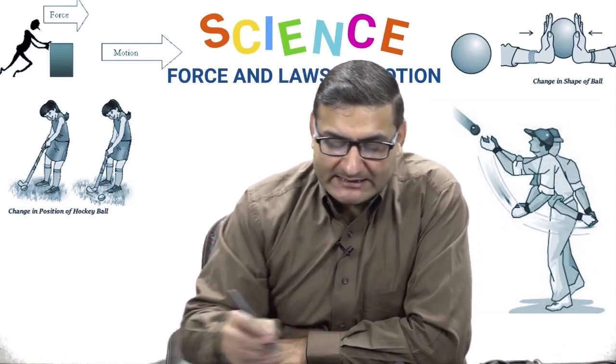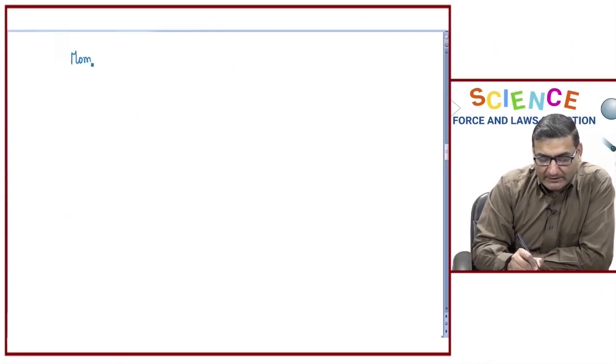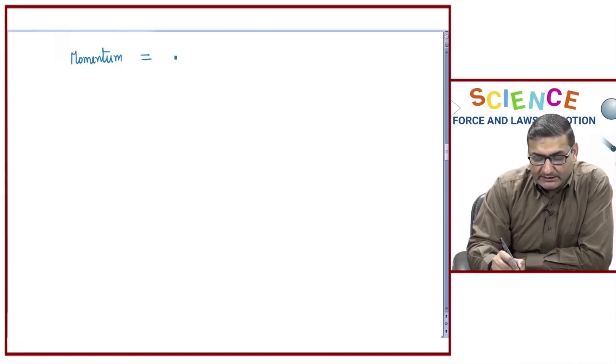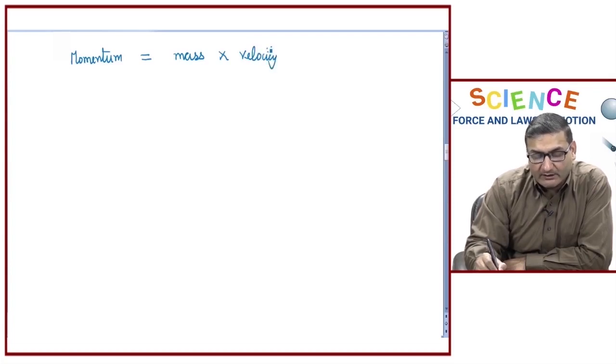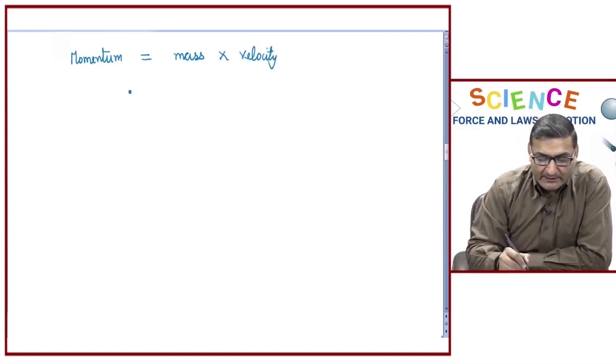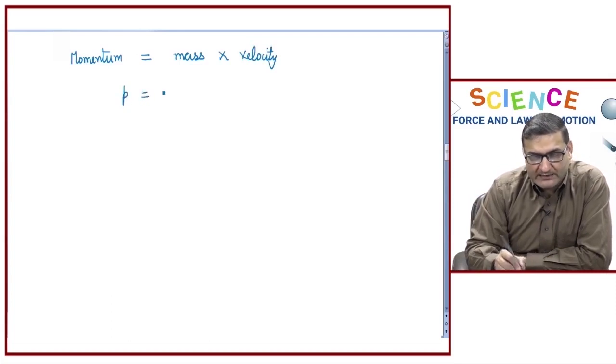We have already studied that momentum is equal to the product of mass and velocity of a body. This momentum we have denoted with small p, and mass with small m.